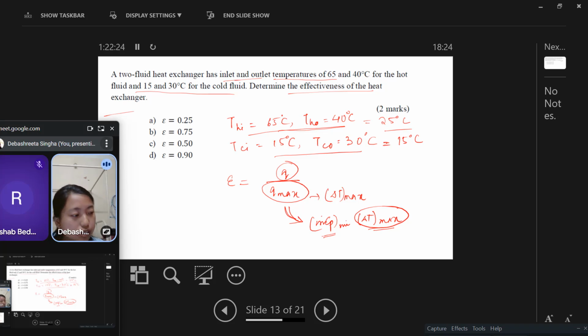I mean MCP delta T for hot fluid is equal to MCP delta T for cold fluid. Since delta T is maximum for hot fluid, MCP for hot fluid is lesser than MCP for cold fluid, right?